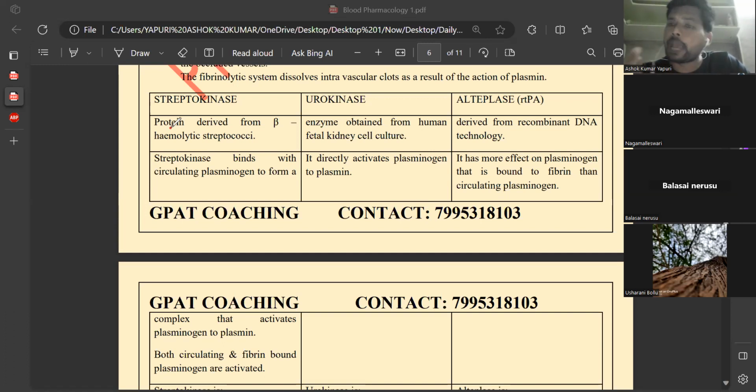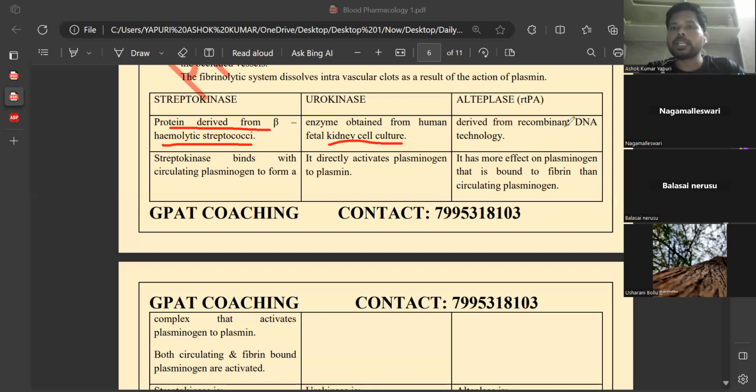Streptokinase is a protein derived from beta-hemolytic streptococci, that is, from the microorganism Streptococcus species. Urokinase is from kidney cell culture, and it was first identified in the human kidney.